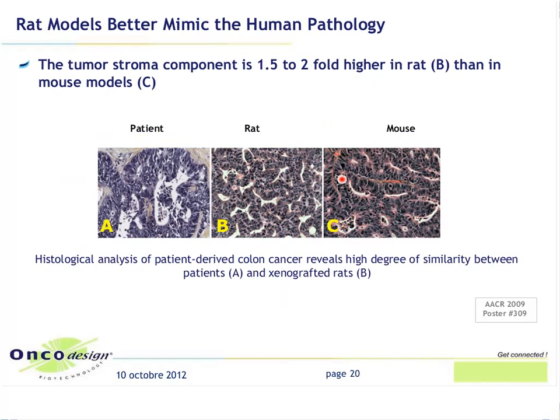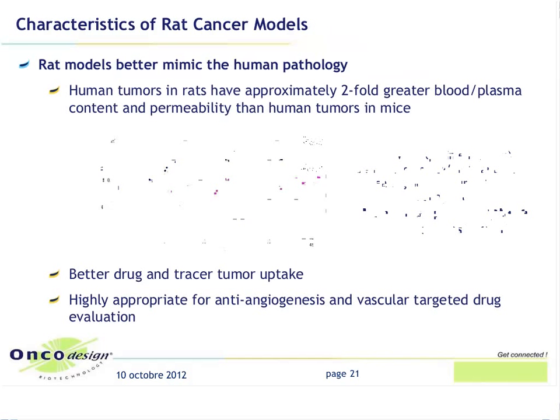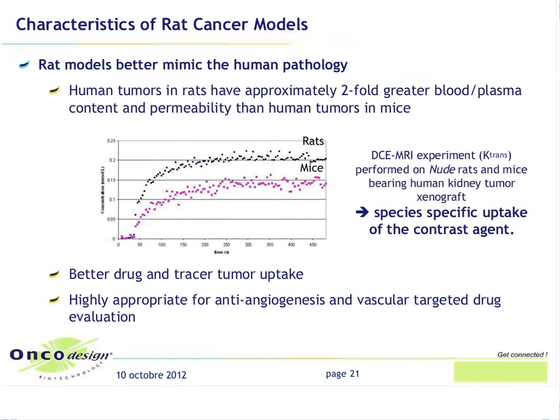Regarding anatomopathology analysis, the stroma component in rat tumor models better mimics the human pathology. In the same manner, it is known that the tumor plasma volume in rats is higher compared to mice.